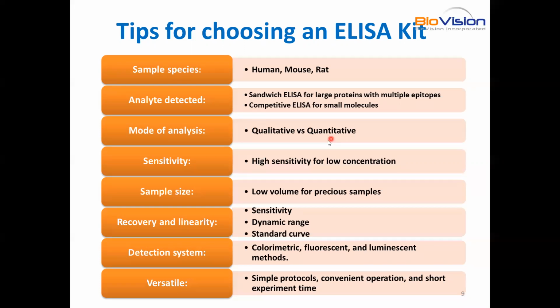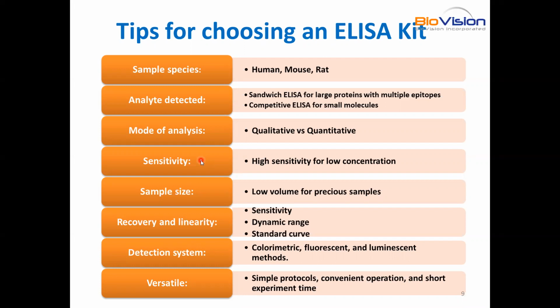Okay, so next parameter for choosing an ELISA kit is the sensitivity. Sensitivity is a very important parameter. So, for example, if the users do not know the concentration of the target protein or analyte in their sample, they can always go for the ELISA kit with a broad detection range. And if the concentration of the analyte in the sample is very low, then an ELISA kit with a high sensitivity is always recommended.